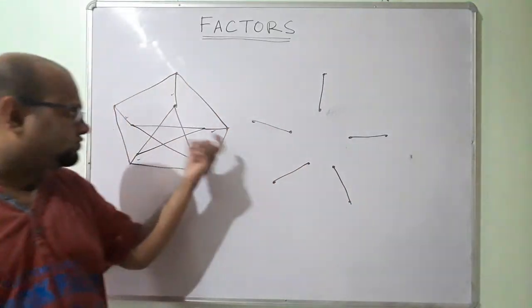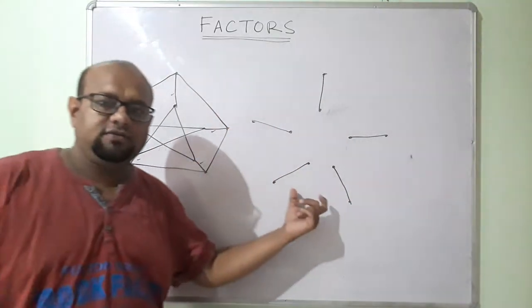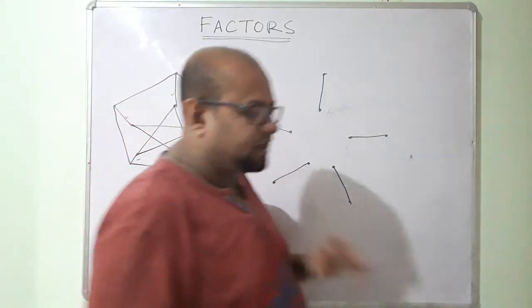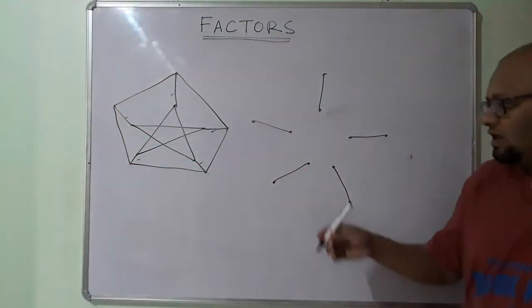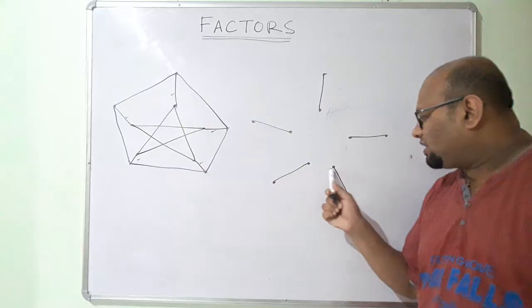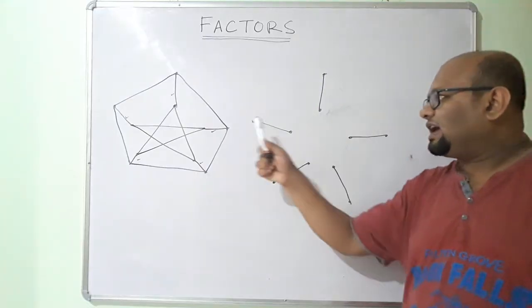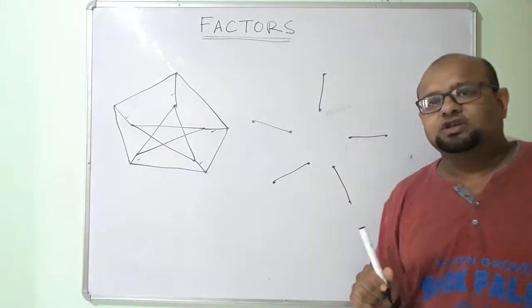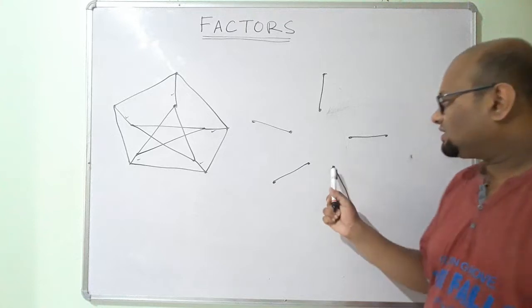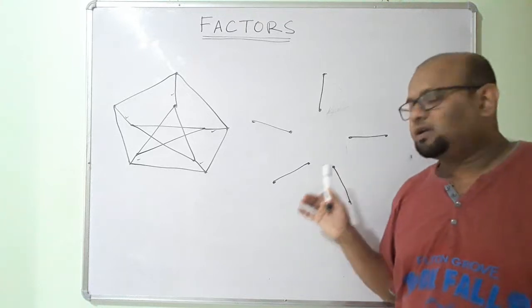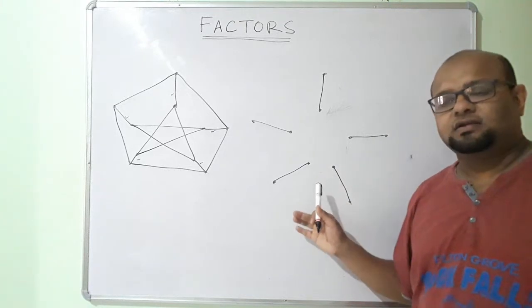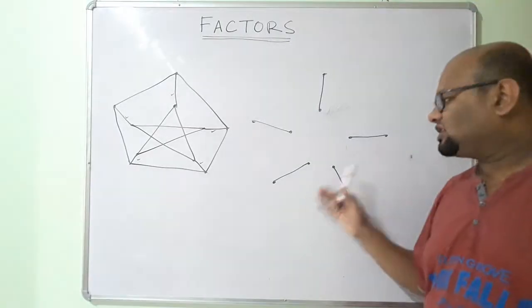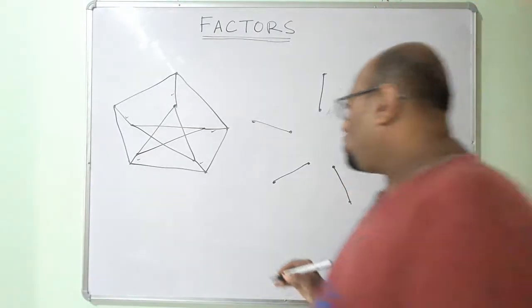Each vertex of the original graph is here, so this is a spanning subgraph. Each of these vertices has degree equal to 1. So this is a regular spanning subgraph with degree k equal to 1. So this is a one factor.